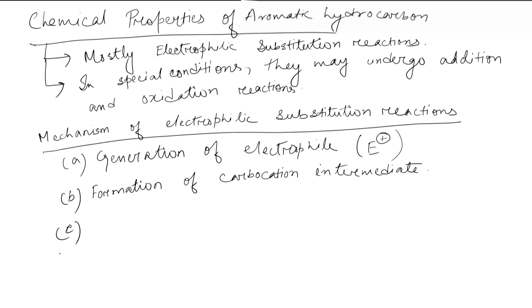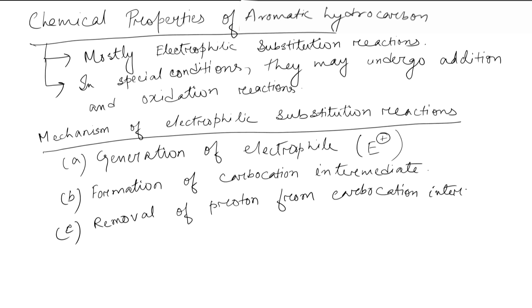The third step will be removal of proton from carbocation intermediate. This step helps in the formation of double bond. Okay. So, let's start the steps. So, we will start with the first step, that is generation of electrophile.